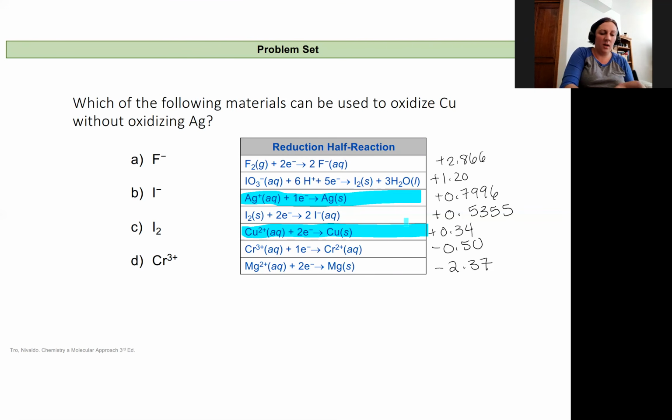And so we want to oxidize these, so they're going to be acting as the reducing agent. And the question is, which of these materials here will be reduced while oxidizing copper, but not silver?